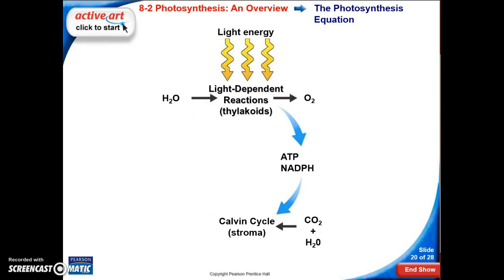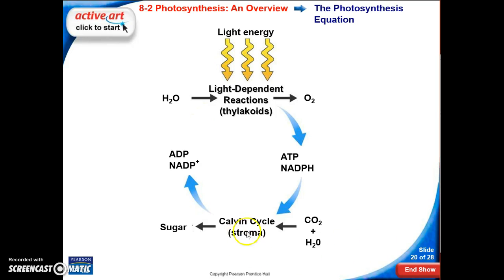And then the Calvin cycle is occurring, remember, in that jelly liquid that's surrounding the thylakoid inside the chloroplast. The Calvin cycle needs carbon dioxide to work, and it needs some more water. So the Calvin cycle is actually where we're going to get sugar made.